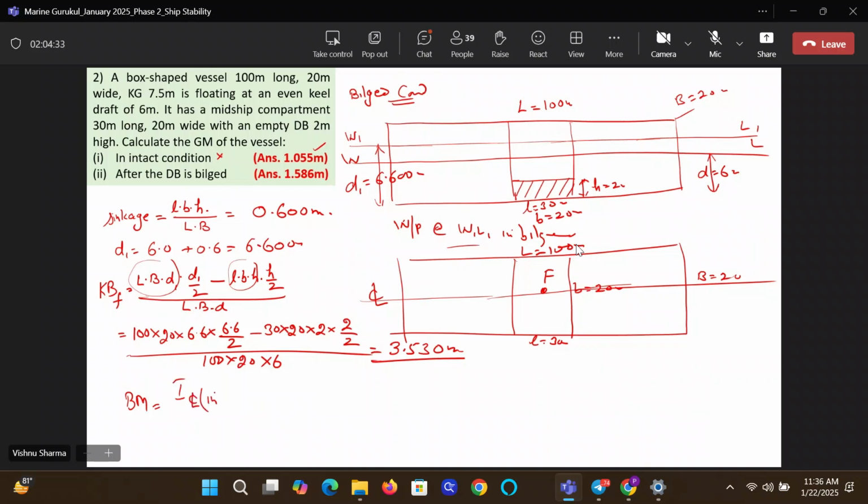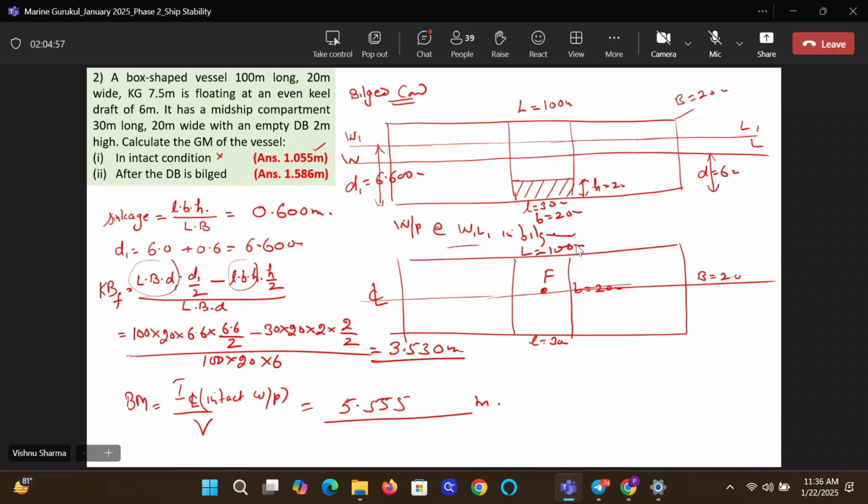ICL of the intact water plane upon volume of displacement. Can you give me the value? Anybody who does not get it, then we'll talk about 5.555, sir. 5.555 or 5.556? 5.555 meters. Is it correct, guys?